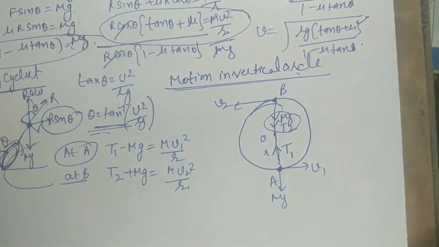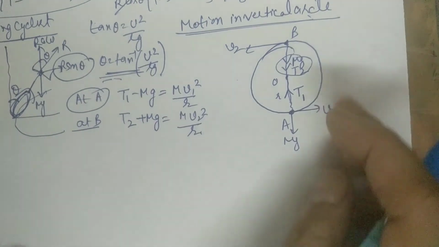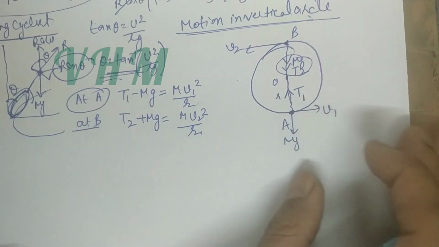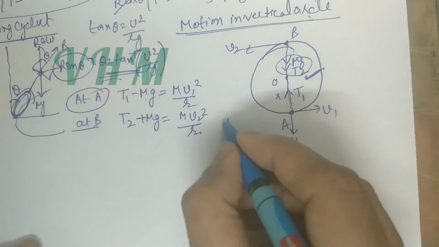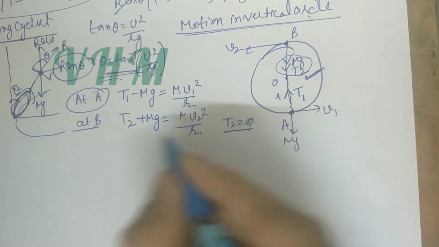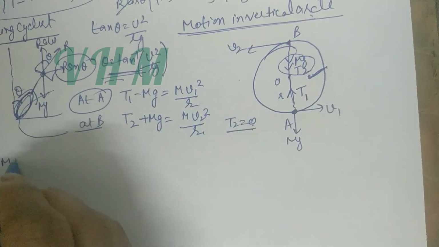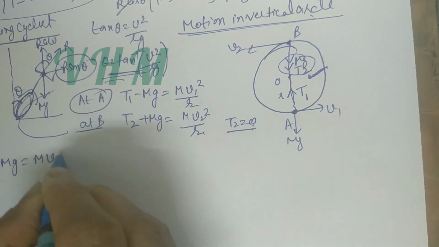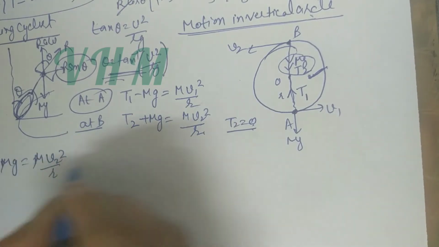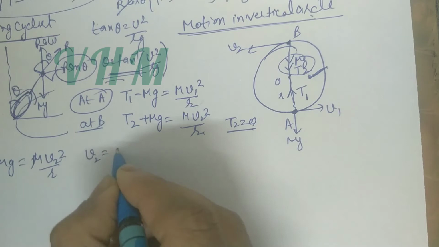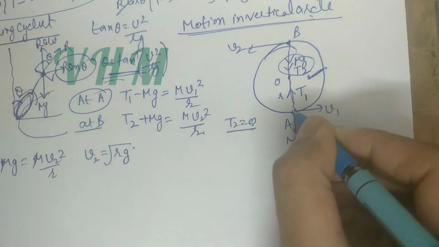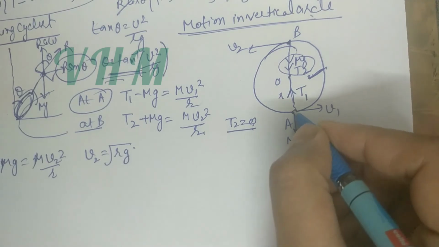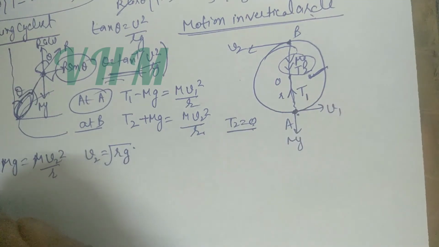Now keep in mind, for looping this circle, completing this circle, we have some certain conditions. The first condition is that at the highest point the tension must be 0. So when you put 0 plus mg equal to mv2 square upon r, m is cancelled, and you get v2 equal to under root rg. But between point A and B there is conservation of energy. At point A, only the kinetic energy is there.